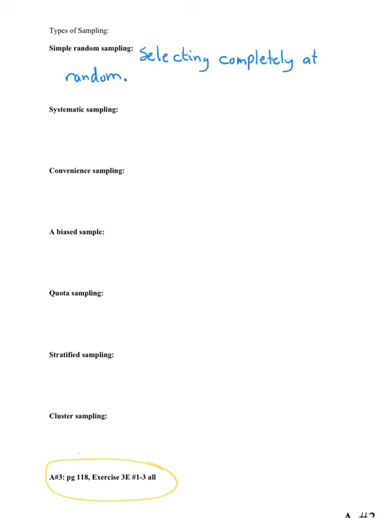The next one is called systematic sampling. Systematic sampling, for example, is taking every fifth person or something like that. Taking every fifth entry, at a random place.